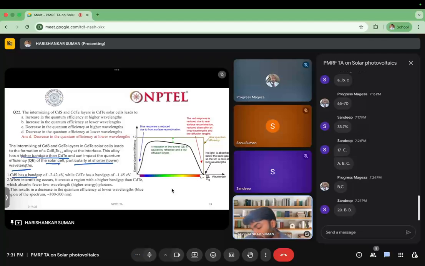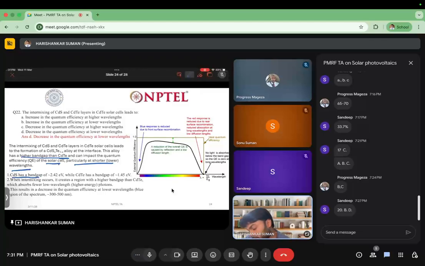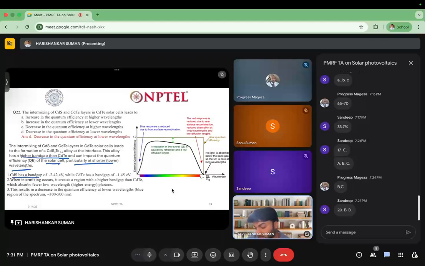Mixing, which absorbs fewer lower wavelength, higher energy photons.